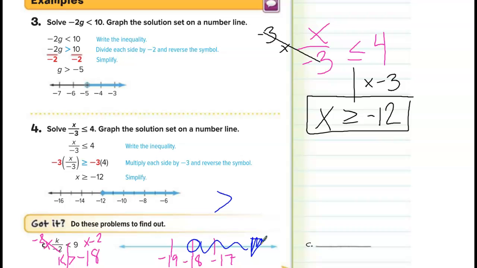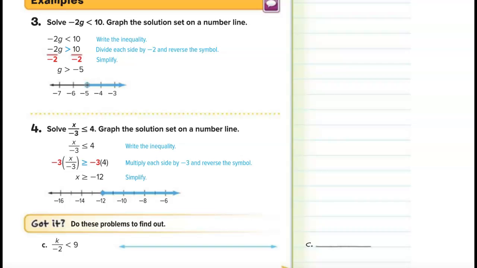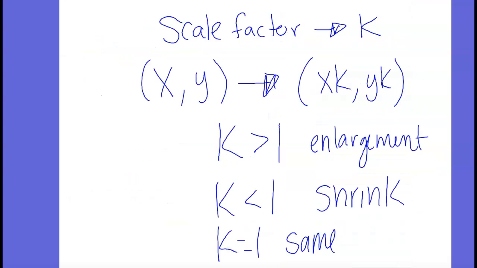Okay. So the only thing else that I want to say is if you have something like x over 2 is less than 5, am I going to keep or change the sign? Keep it, because there's no negative.